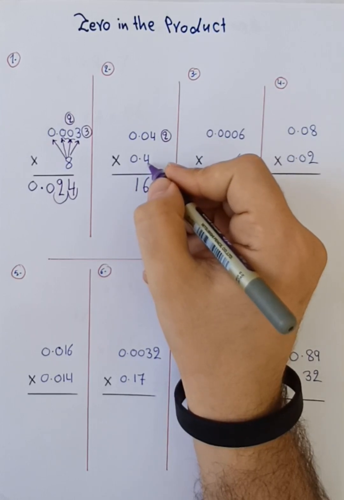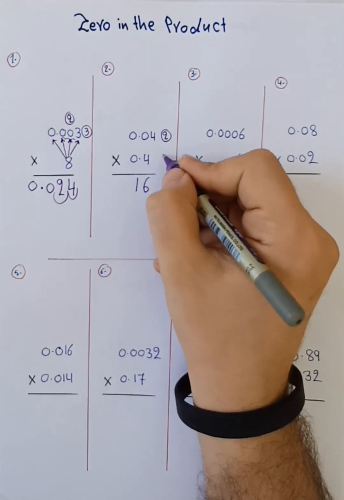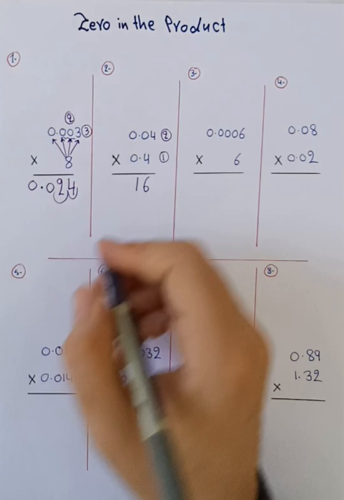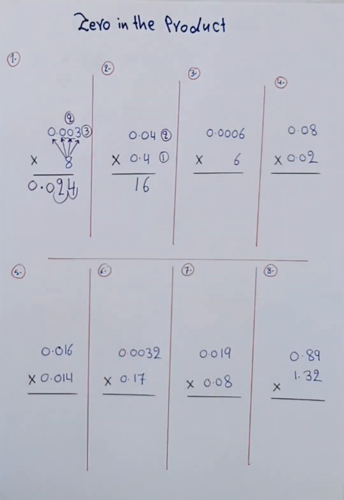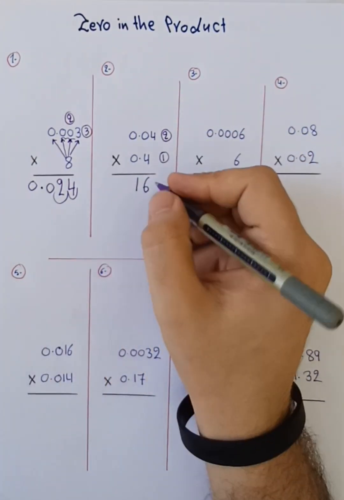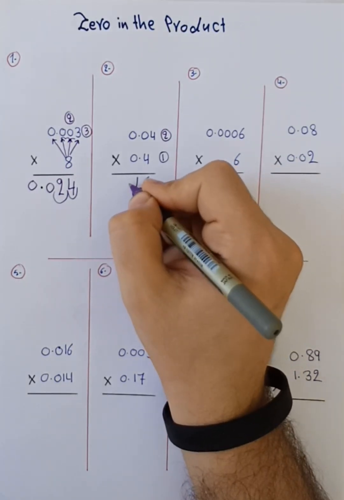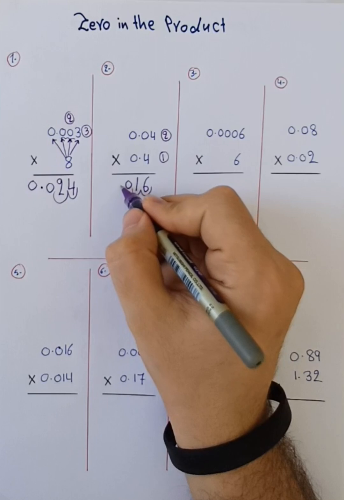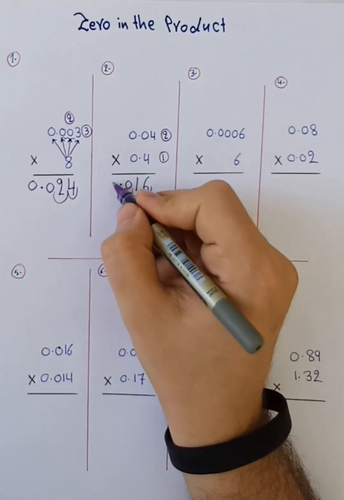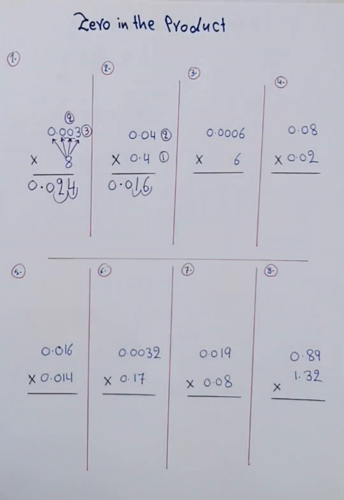And in the second number, after this point, you have only 1 number. So 2 plus 1 is 3. You have to skip 3 numbers in the product and then write the decimal point. 1, 2, 3, and then you have to write the decimal point and another 0.